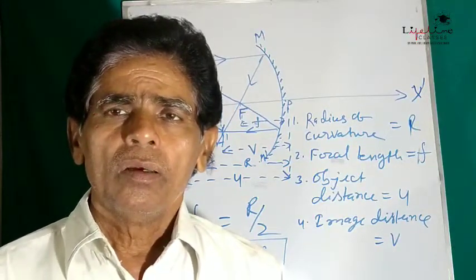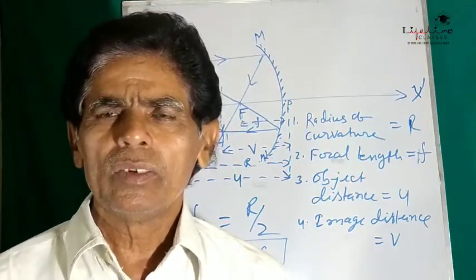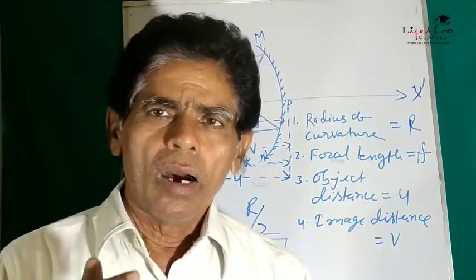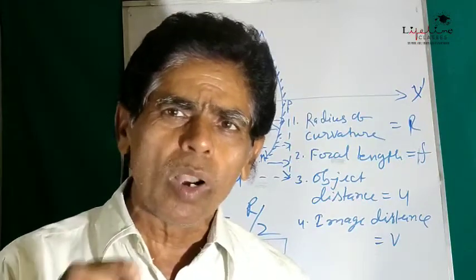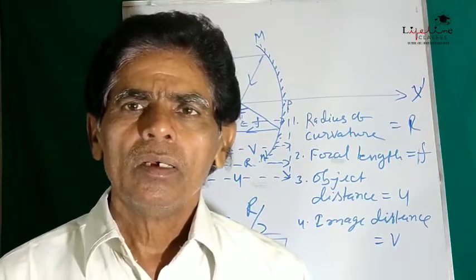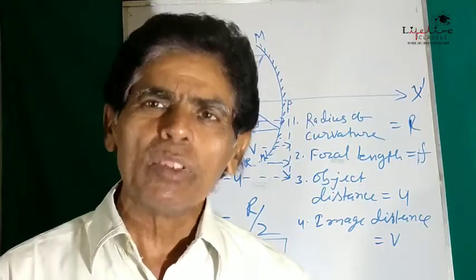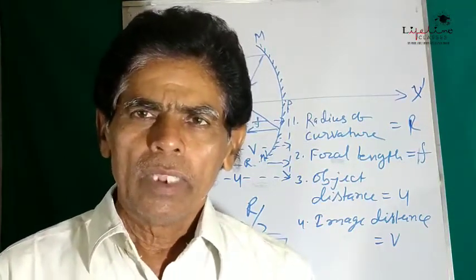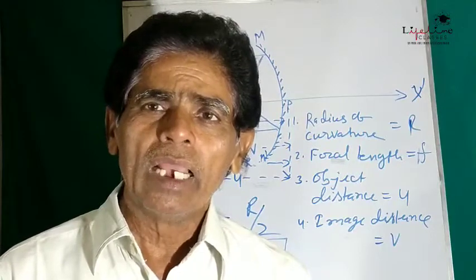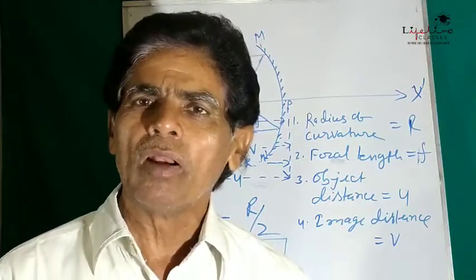And the fourth condition, when the incident ray strikes the pole of the mirror obliquely to the principal axis, that is, making a certain angle with the principal axis, it gets reflected forming the same angle with the principal axis, that is, the angle of incidence is equal to the angle of reflection.